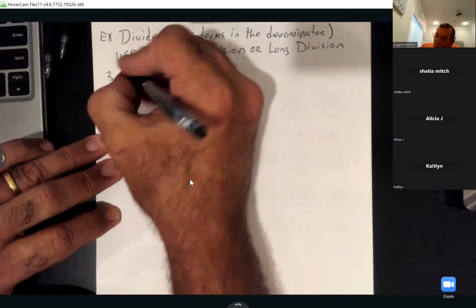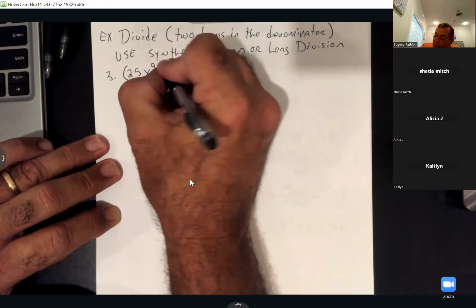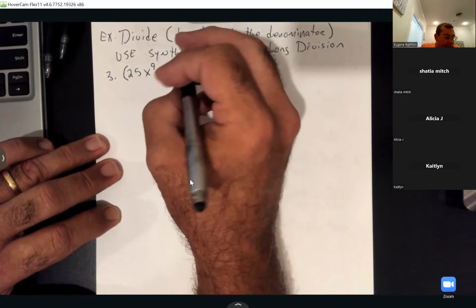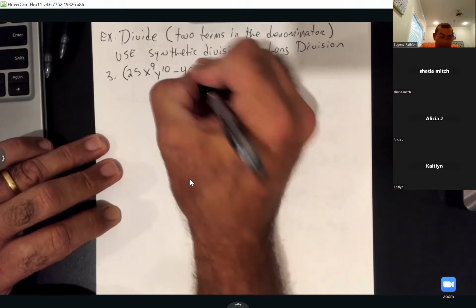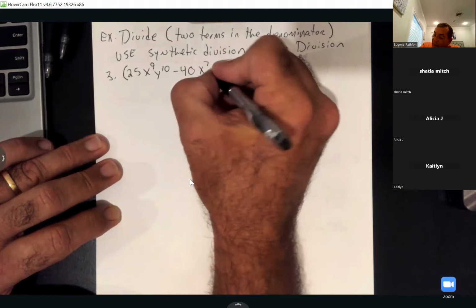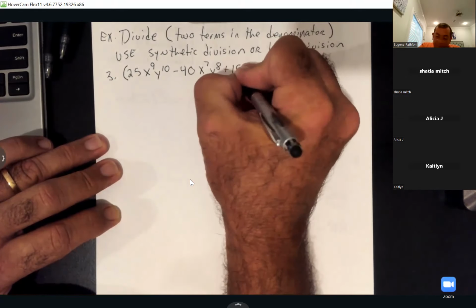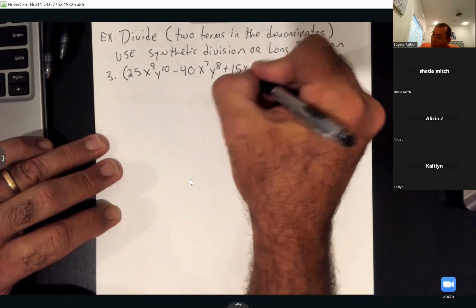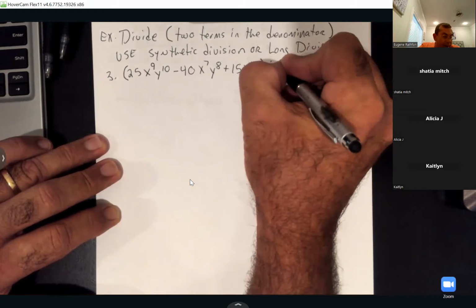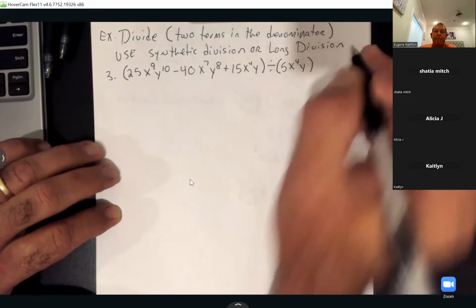So for this one, I got 25 x to the 9 y 10 minus 40 x 7 y 8 plus a 15 x 4 y, all of that divided by 5x 4 y.